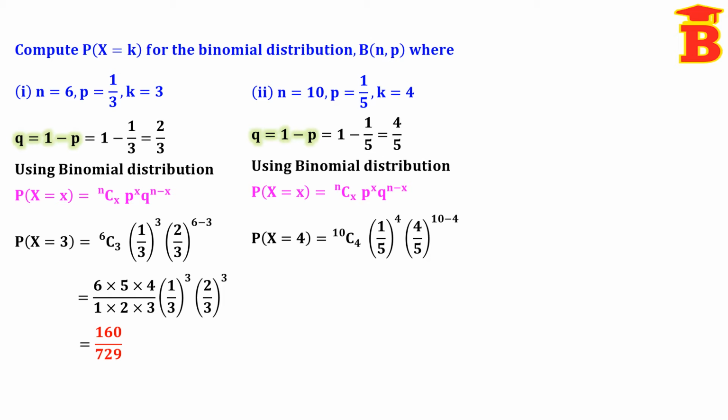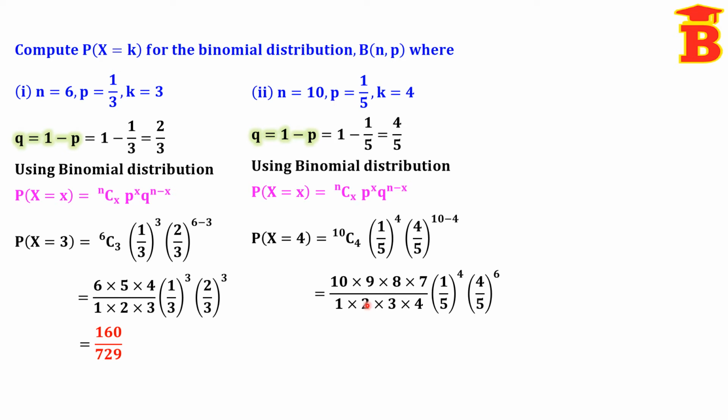And we know that this is 10C4. Reducing 10 four times, we get 10 into 9 into 8 into 7 divided by 1 into 2 into 3 into 4, into (1/5)^4 into (4/5)^6.